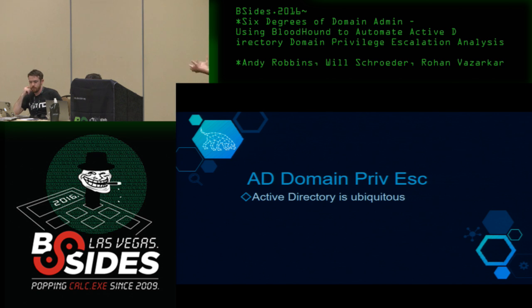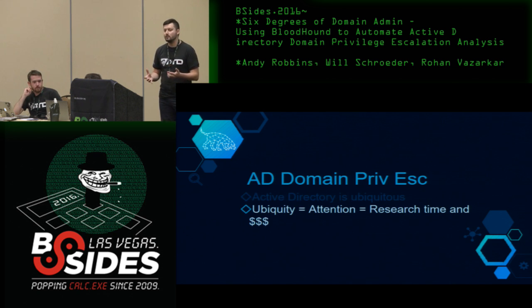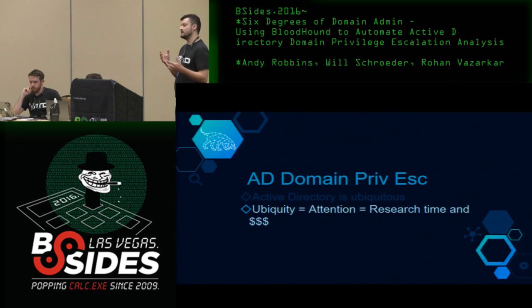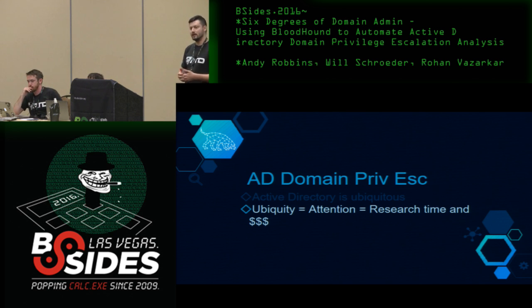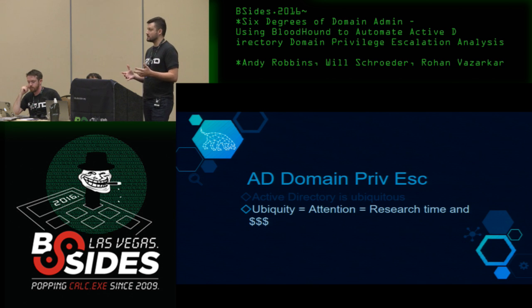So what does that ubiquity mean? That ubiquity means that Active Directory gets a lot of attention, both from the defensive perspective and also the offensive perspective. There's a lot of time, research, money, effort, blood, sweat, tears that goes into understanding how best to defend and attack Active Directory environments.